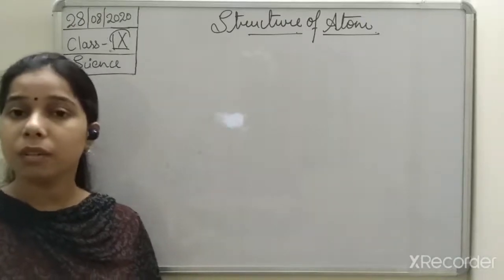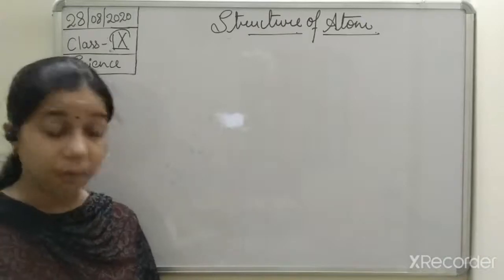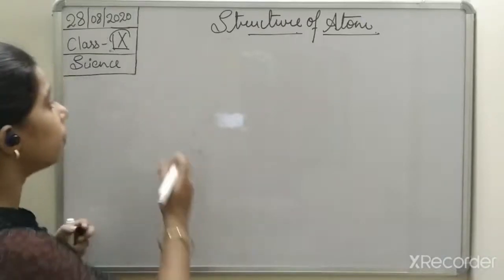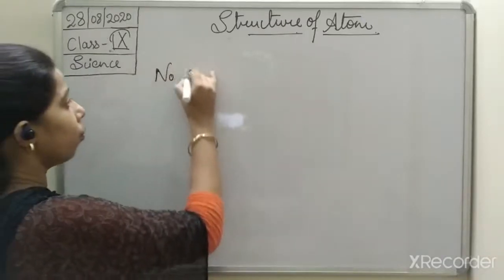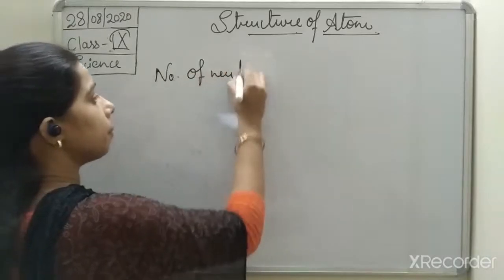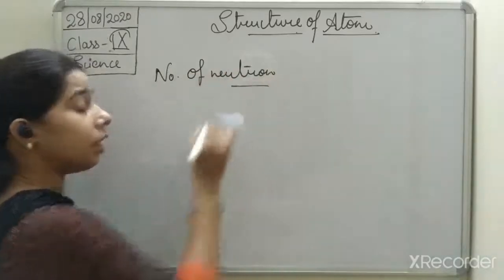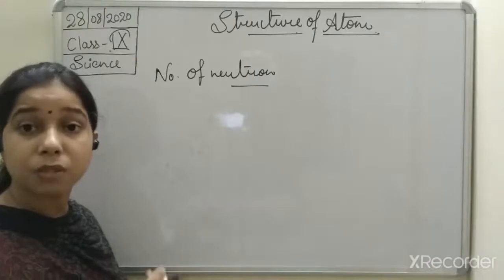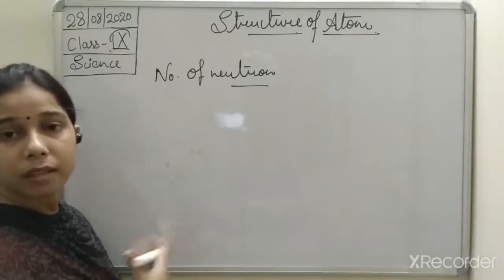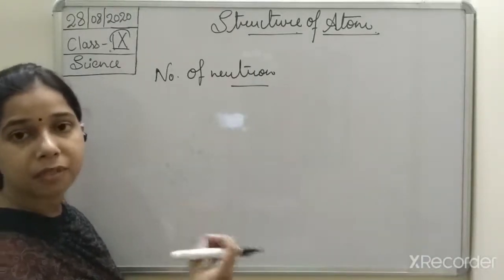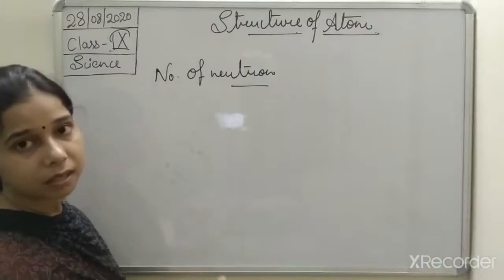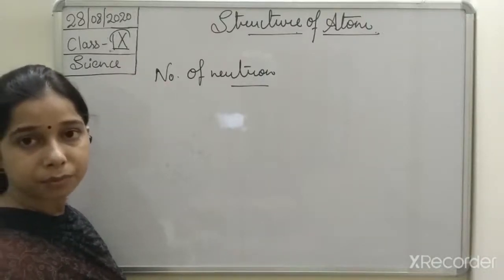We know that isotopes differ only by the number of neutrons. Because of the number of neutrons, even though they have the same atomic number, they have different mass numbers.